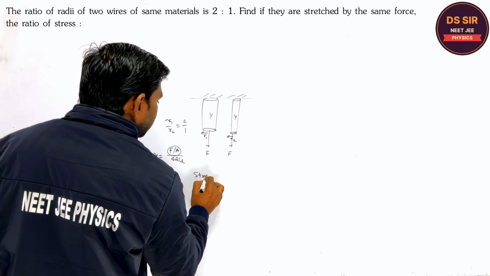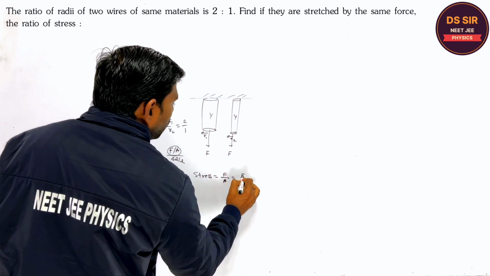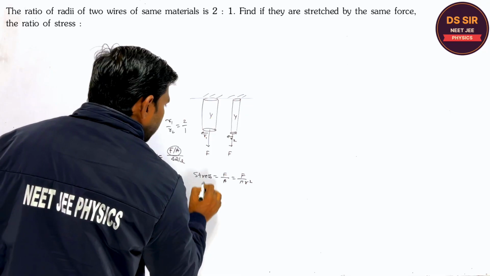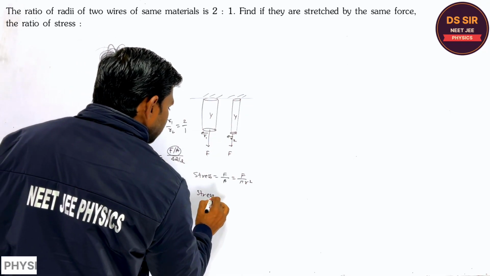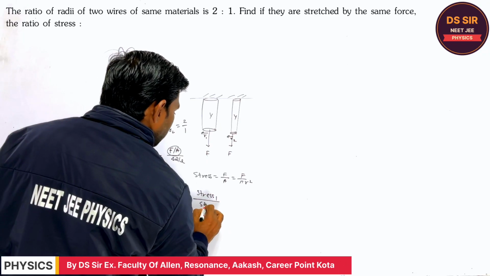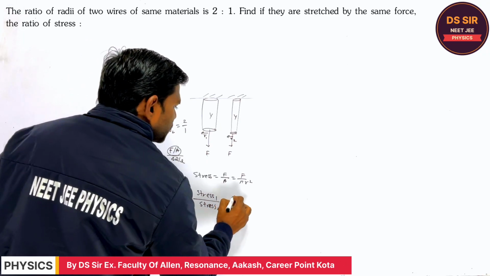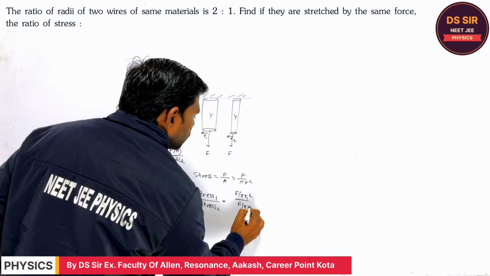So what is the stress? Stress is equal to force upon area, force upon pi r square. Is it clear or not? If the force is the same, the ratio stress 1 upon stress 2 is F upon pi r1 square divided by F upon pi r2 square.